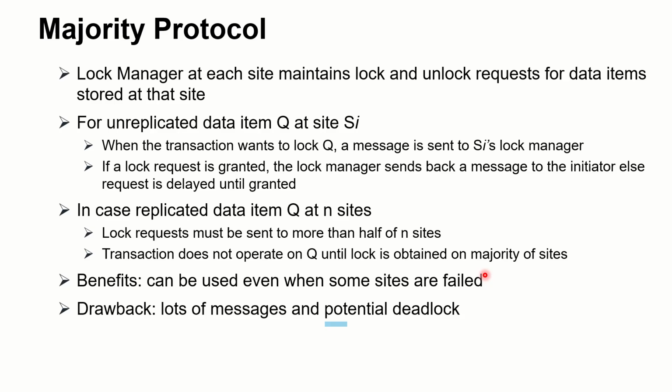Definitely they will not get locks further, because all three transactions are waiting for each other to release locks, and that is not going to happen. So that is a deadlock situation. That is the drawback of this majority protocol, but there are benefits: if some sites have failed, our concurrency will still be maintained.